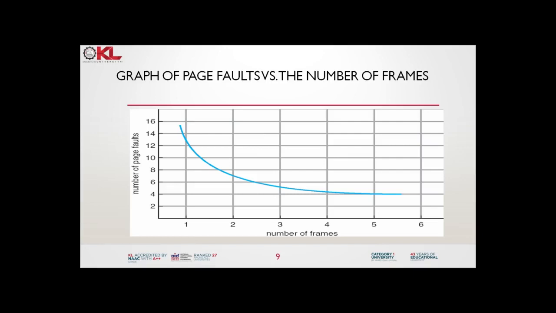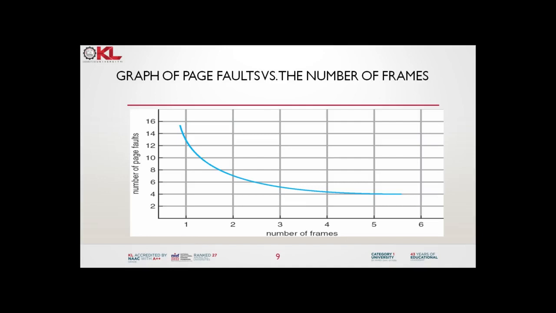When I increase the frame size from 1 to 2, the number of page faults occurring during this page replacement is reduced. See here, exactly between 8 and 6, so that is 7, we can consider. So earlier it was 15, now it is reduced to 7, right?